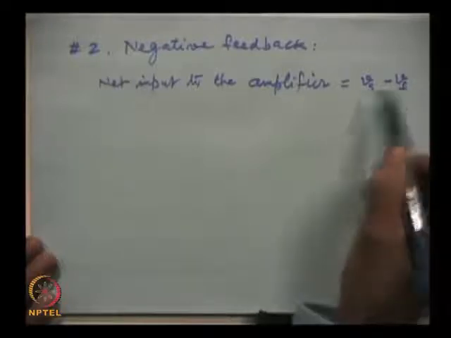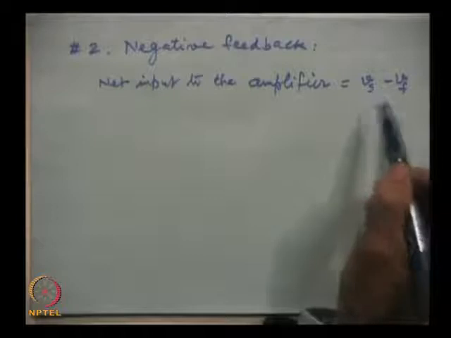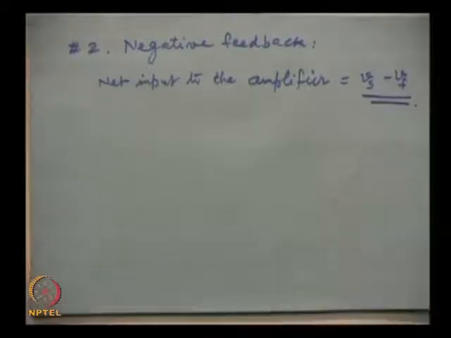Vf is the return signal and Vs is the input signal. So, this is the net input to the amplifier. This is negative feedback. Now, negative feedback can modify the circuit performance drastically.